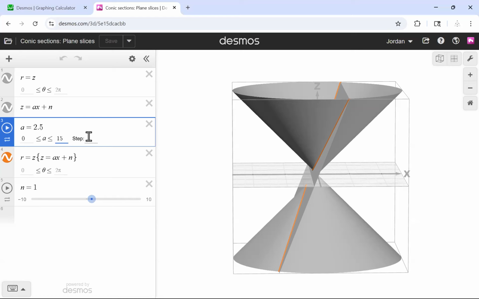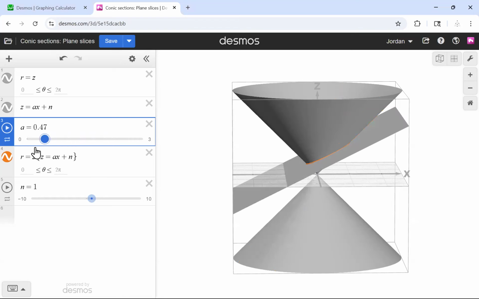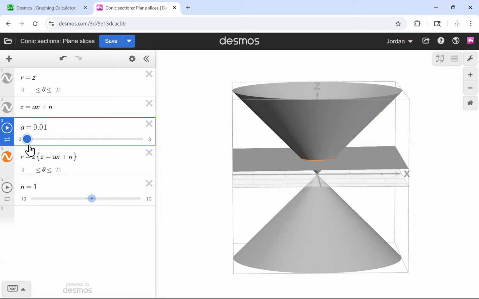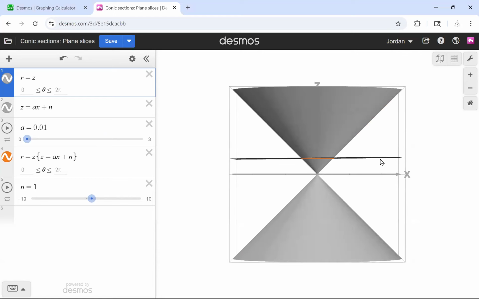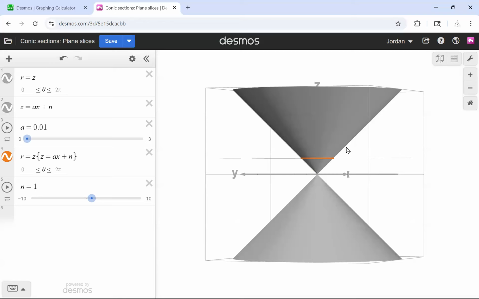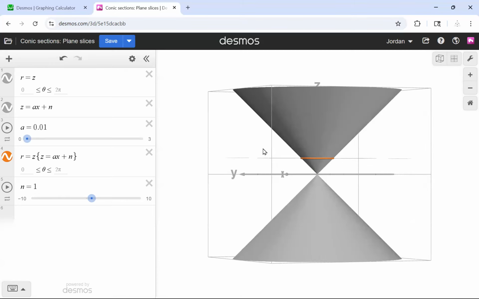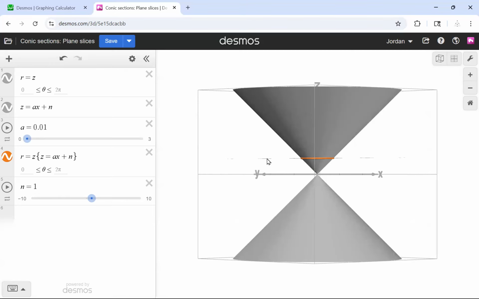Now, I'm going to take a look at how this plane cuts the cone. I want you to notice that if the plane is perfectly flat, in the XZ axis, that would mean that this plane has 0 slope.